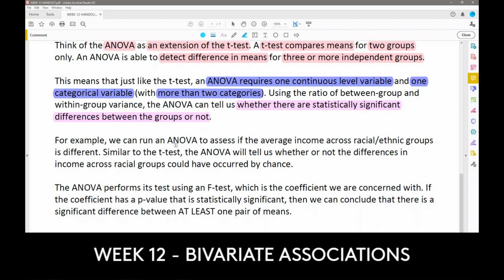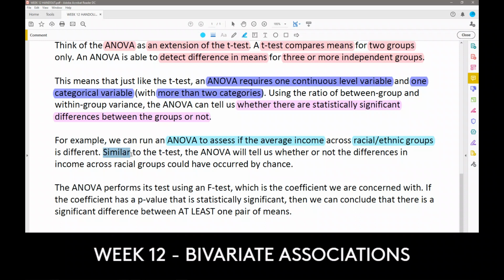If we want to assess the average income across racial and ethnic groups, Anova is a perfect test. If we recall in the GSS, the race variable has, I believe, 3 categories: whites, blacks, and others. So we would be able to run an Anova looking at a continuous outcome across race.